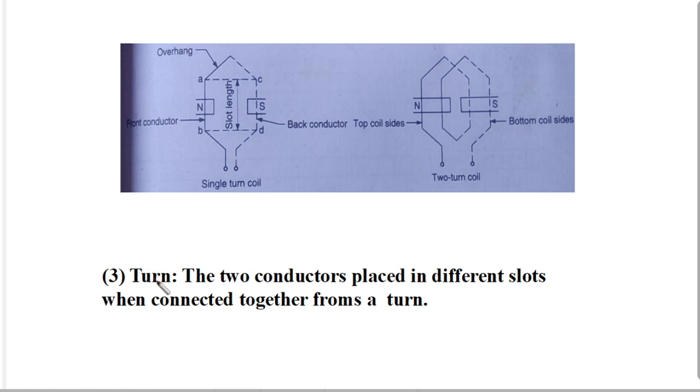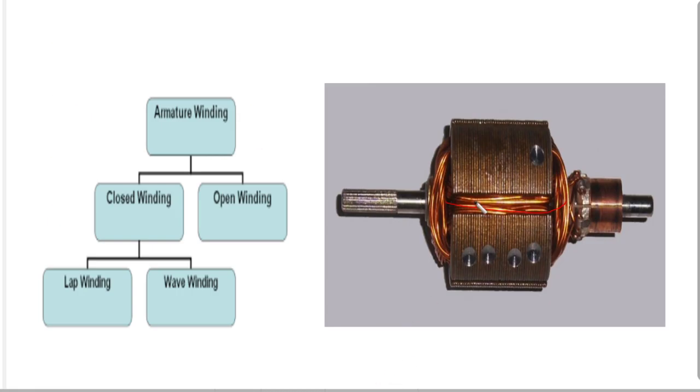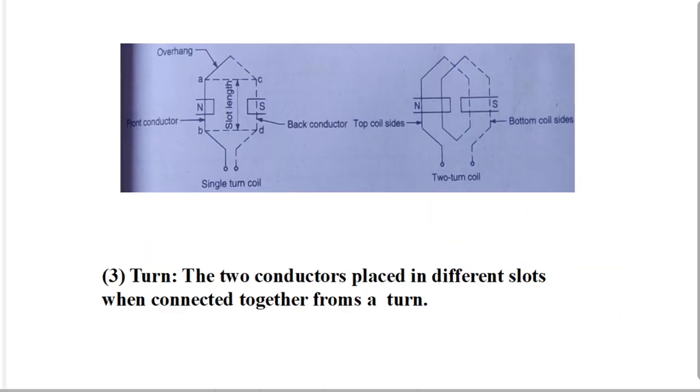Now turn. Two conductors placed in different slots, when connected together, form a turn. Here, if we place one conductor and another conductor, it makes one turn.